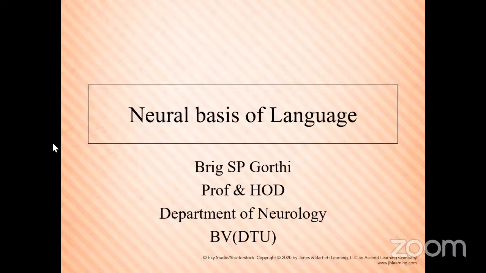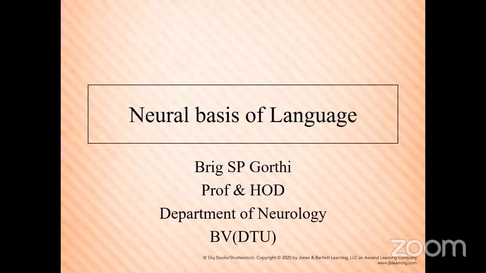There are some universal characteristics of language. All languages have nouns, verbs, adjectives, and sentence constructs. Whenever we study language, we address three basic components: content, form, and use of the language.